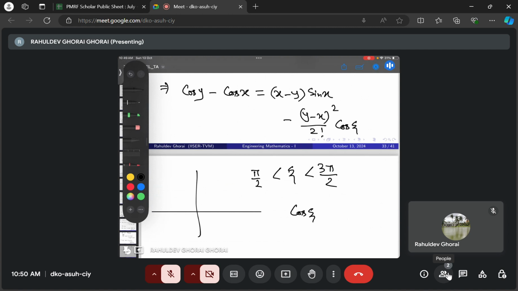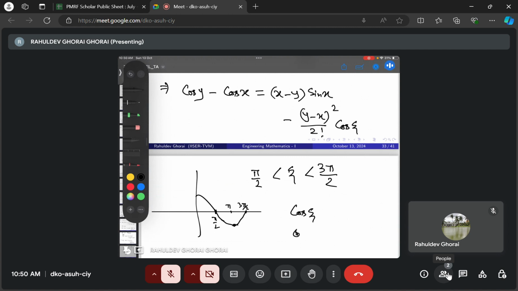At 0 it is 1, at pi by 2 it is 0, at pi it will be minus 1, and at 3 pi by 2 it is 0, right?